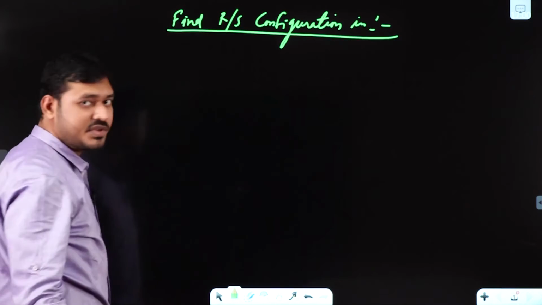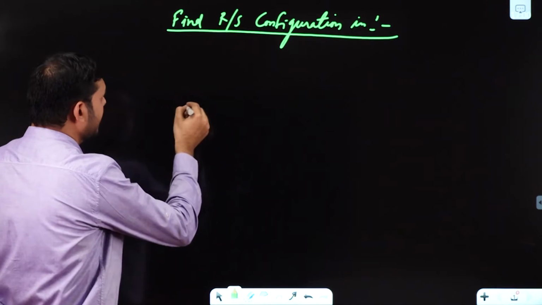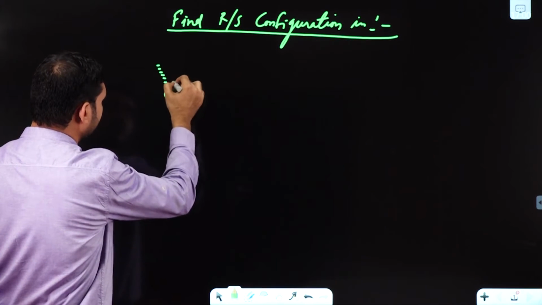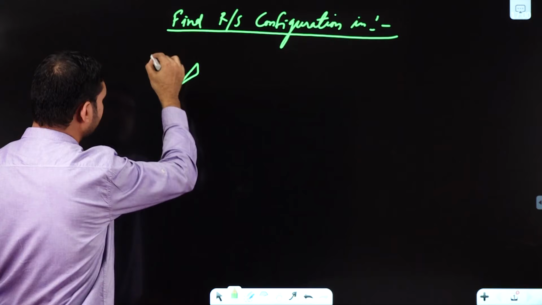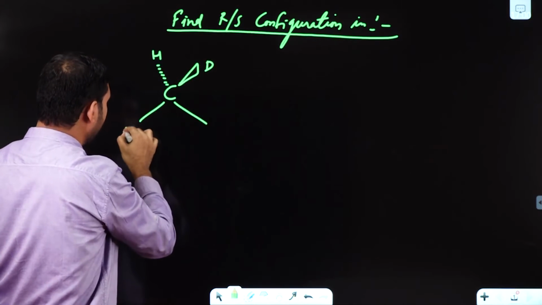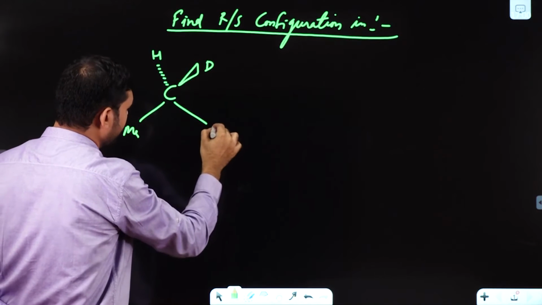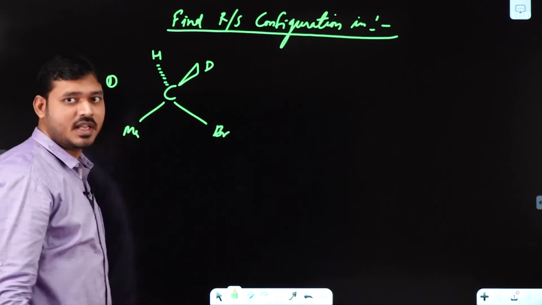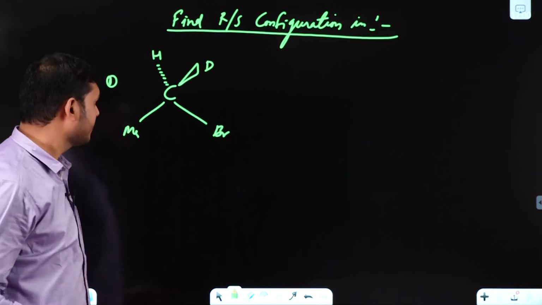Find RS configuration in hydrogen, deuterium, methyl, and suppose this is bromine. Okay, so students, here I am giving you one more concept.